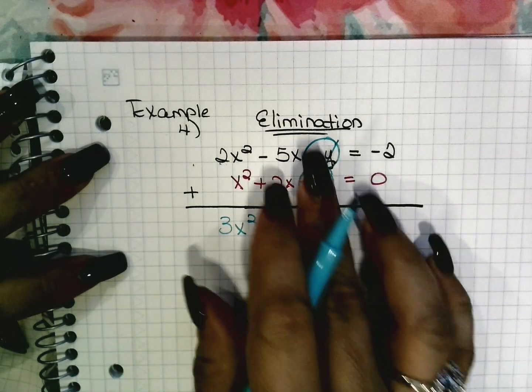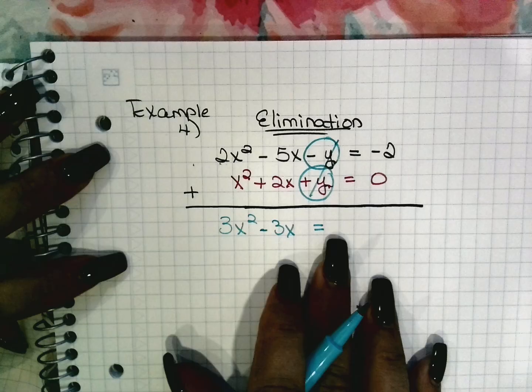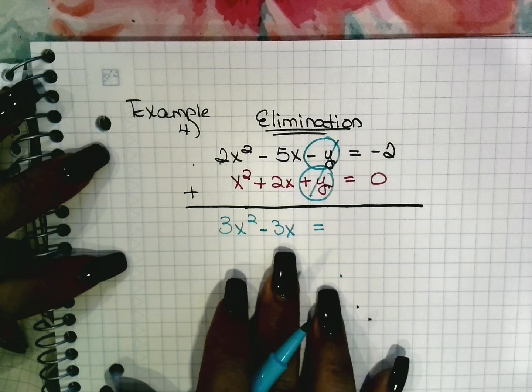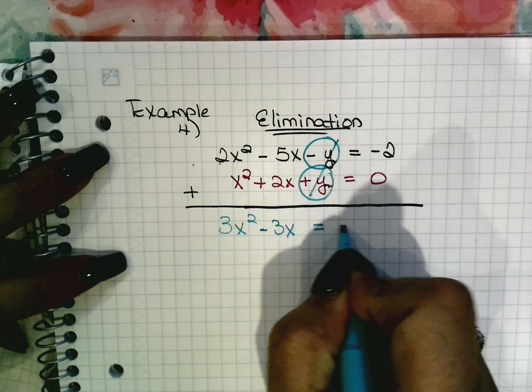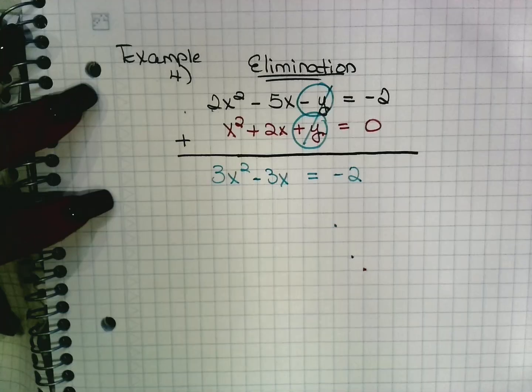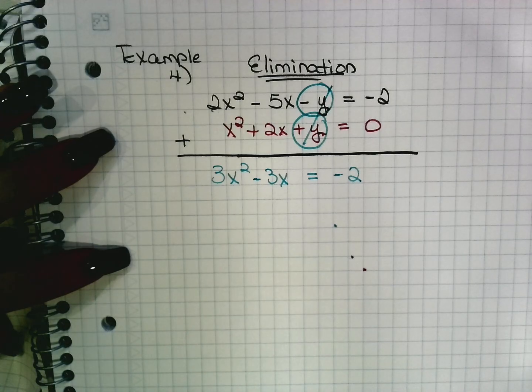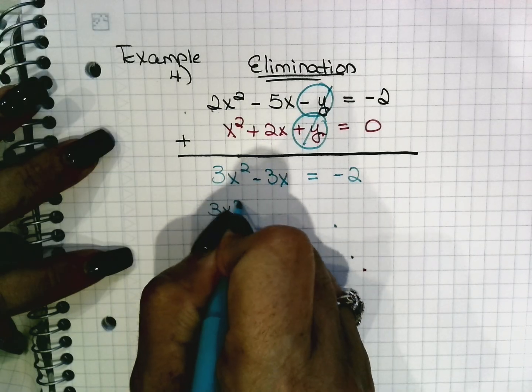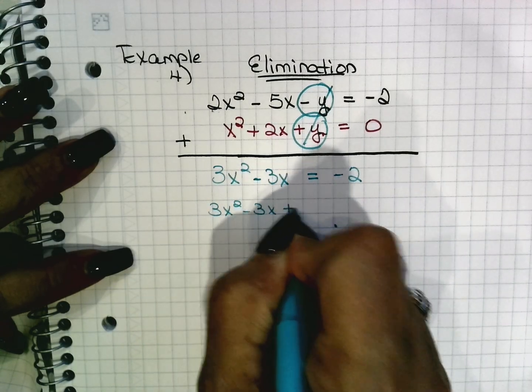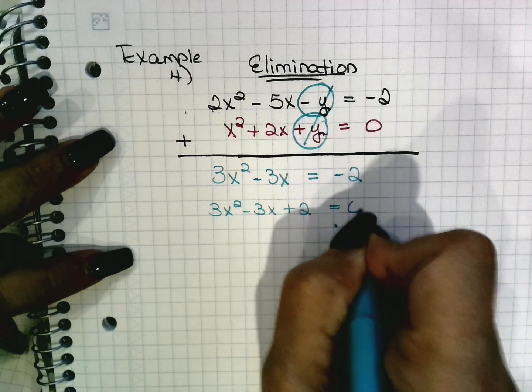You want to get rid of the y, so that you can solve for x and then eventually get your x value, plug it back in, and get your y. And over here we have negative 2. Now we're going to move everything to the left so we can factor this. And this is going to become 3x squared minus 3x plus 2 equals 0.